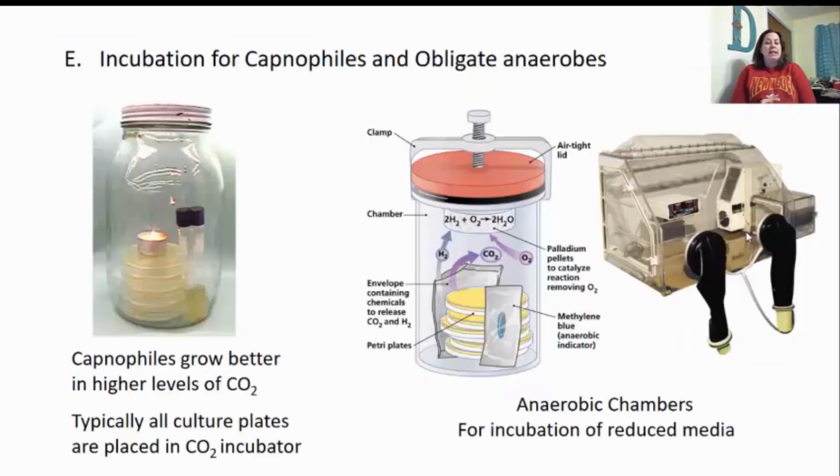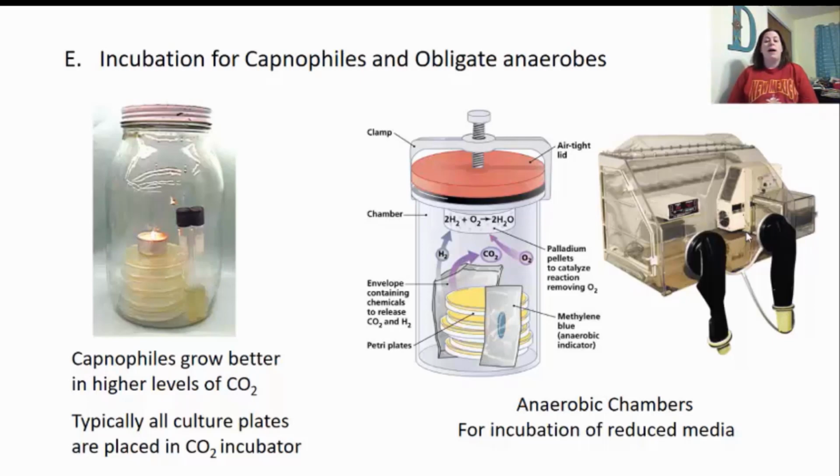Another thing we want to note is that incubation can be different with these different types of bacteria. Some need special incubation, such as capnophiles and obligate anaerobes. Capnophiles grow better in a higher level of carbon dioxide, so typically the culture plates are placed in what we call a CO2 incubator. Of course, there are more elaborate CO2 incubators that could be used, but in a lot of labs they just take a jar, place the petri dishes and tubes inside, and light a candle.